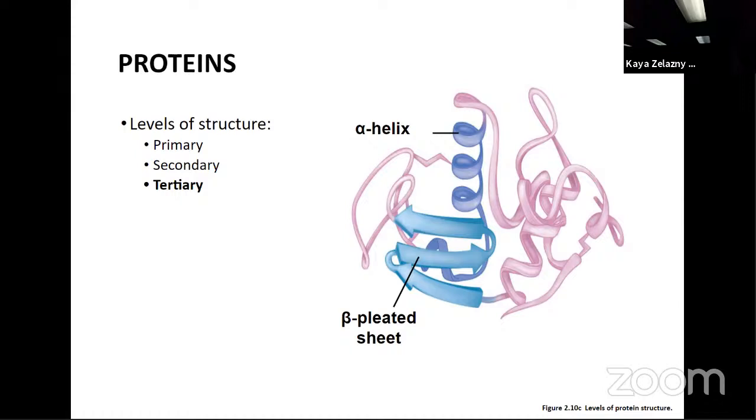We're just going to be taking these polypeptides that have folded into alpha helices and beta pleated sheets, and they're going to crumple like you're scrunching them up like a ball of paper. This folding is affected by the relationships between different parts of the protein, different R groups. But more specific than that, we can't really get because there's so much variation.